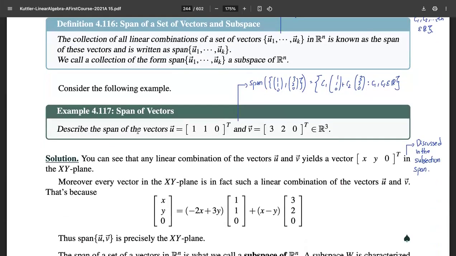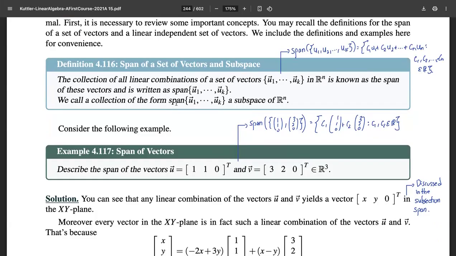So we have covered the span and the idea of subspaces. Now let's describe the span of these two given vectors. Going back to the definition, the span of these two vectors is the set of all linear combinations of these vectors.